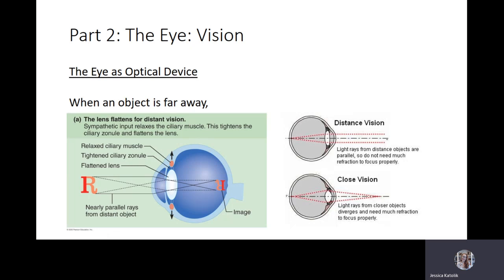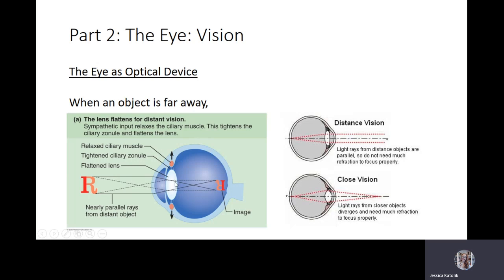Because the light enters the eye in a parallel direction and the cornea does most of the bending of the light, the lens doesn't have to do much adjustment to it. So it doesn't have to change the focus very much. And so here the lens is going to be relatively flat.